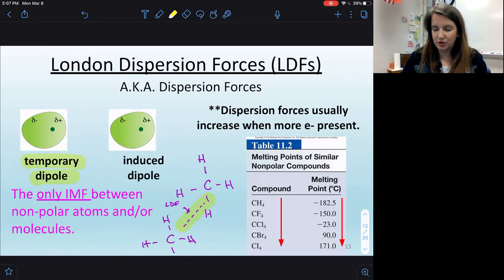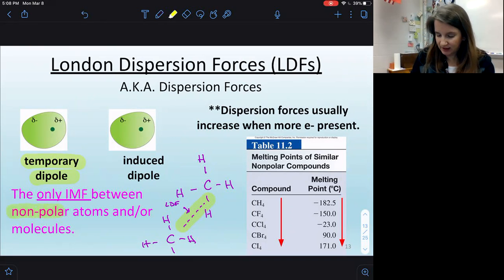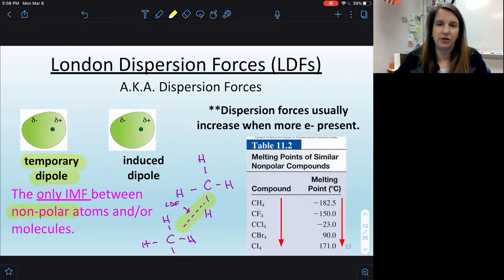So what we want to make sure we do is draw our molecules in order to determine if these molecules are polar or nonpolar, because we're going to see these London dispersion forces in nonpolar atoms and molecules. Okay, not bond polarity, it's about the molecular polarity. All right.